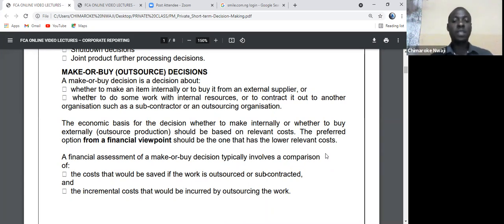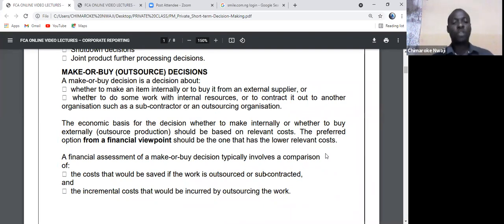So you are looking at how much am I saving if I don't do this job, and how much am I going to be spending paying those people who are doing this job for me? That's the incremental cost incurred. If you are going to be saving more than spending, then it is better to outsource, because you're going to save more.